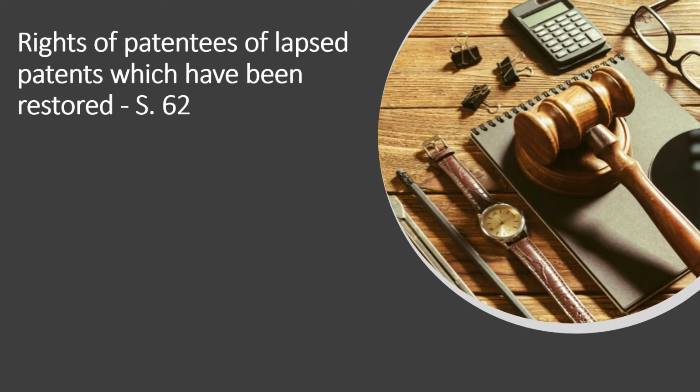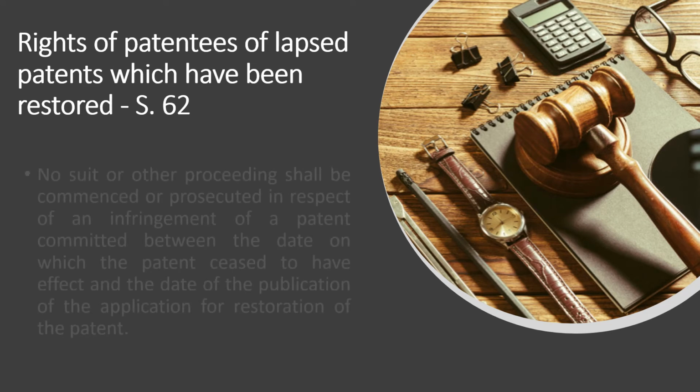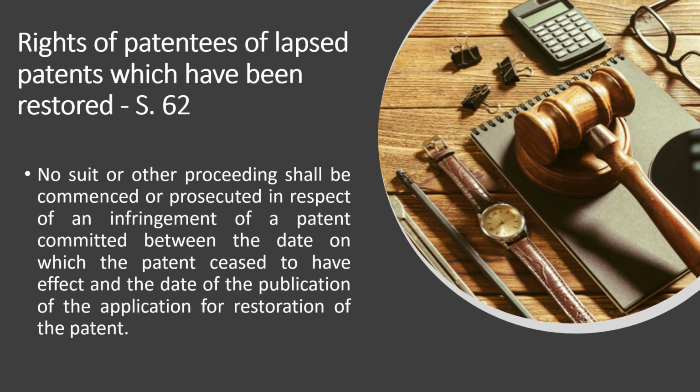Here it is interesting to note that no suit or other proceeding shall be commenced or prosecuted in respect of an infringement of a patent committed between the date on which patent ceased to have an effect and the date of publication of the application for restoration of the patent.